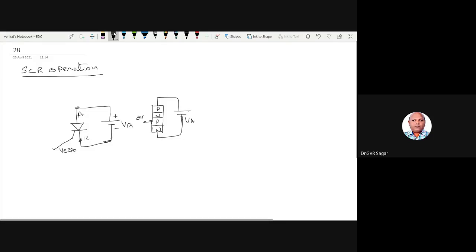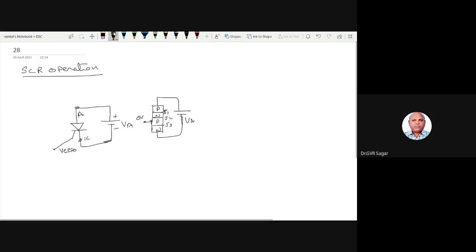So here we have 3 junctions, right? J1, J2, and J3. J1 is P connected to the positive terminal, N connected to the negative, so according to diode theory this junction J1 is forward bias.